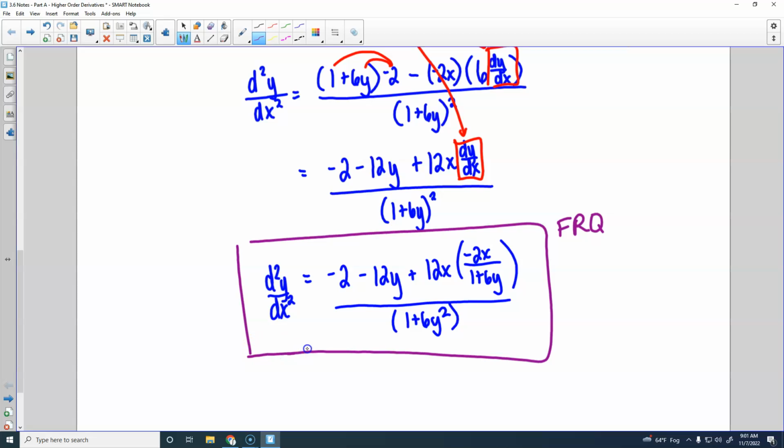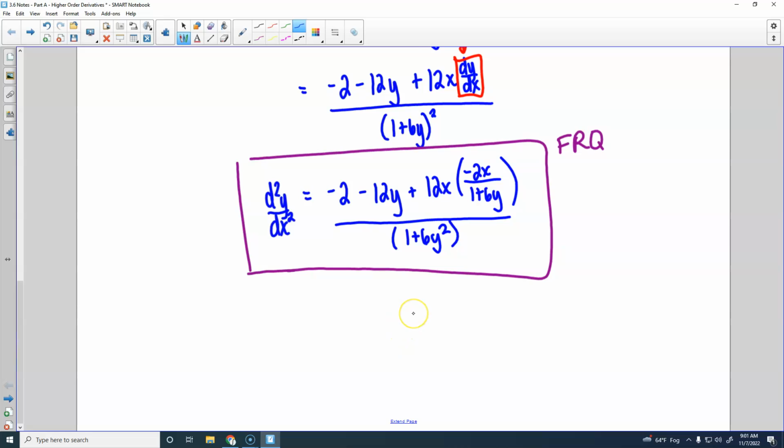Like many of the others, the hardest part of this really comes at the end in the simplification. So I could write this like this: negative 2 minus 12y minus 24x squared over 1 plus 6y.